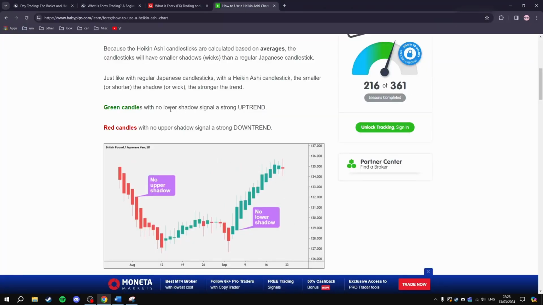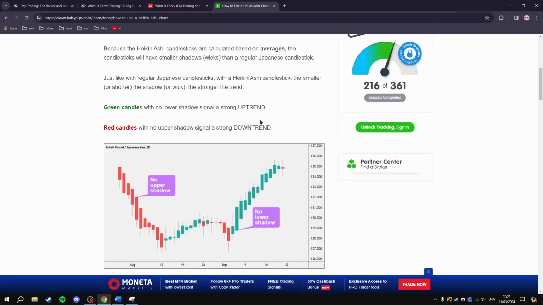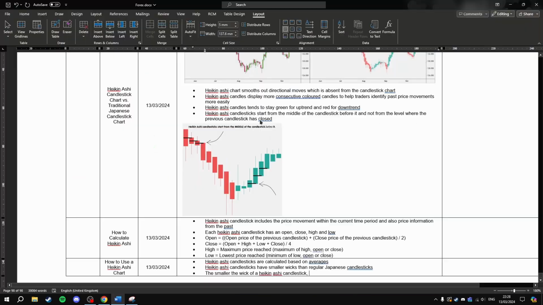The smaller the shadow, the smaller the wick of a heikin ashi candlestick, the stronger the trend.